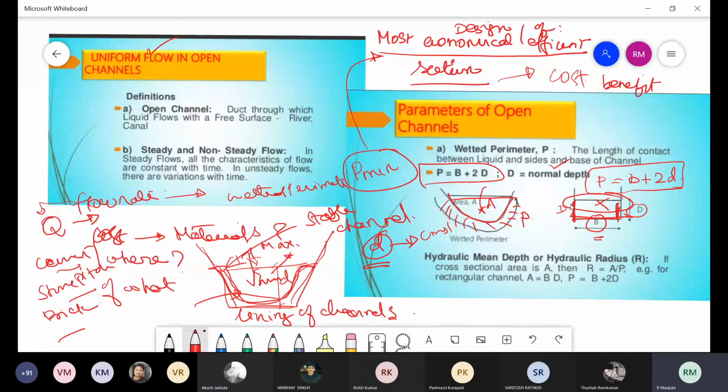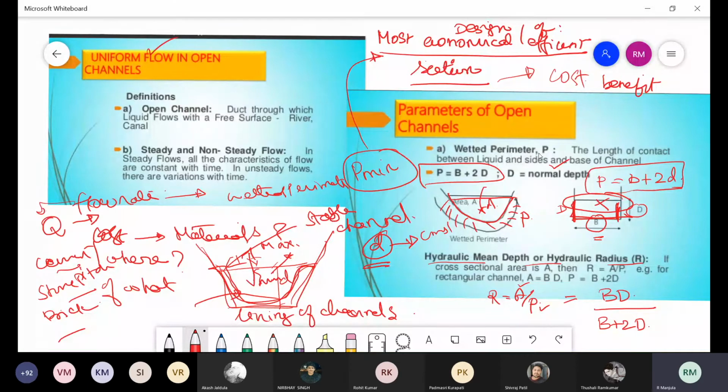And if you take hydraulic mean depth, this is another parameter, hydraulic mean depth or hydraulic mean radius, and R is equal to A by P. A is the area of the cross section, P is the wetted perimeter. So for a rectangular channel, I can write R is equal to A, which is B into D, divided by P, which is B plus 2D.